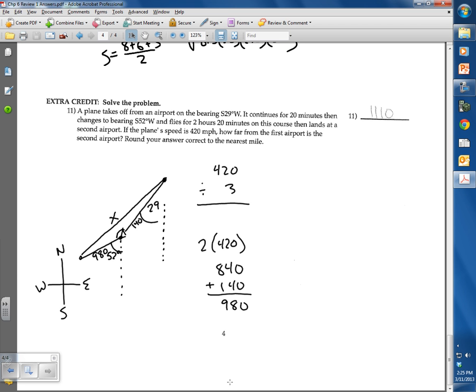Well, let's think about some angles here with our bearings. We're going to start with this angle in here, and I think that's all we're going to need. So if we are flying south at 29 degrees, I'm going to make a 90 degrees in here. That's going to make this angle in here 90 minus 29, which is 61. As we go down, there's 90 degrees, 52 degrees, and so I'm going to blow this up a little bit here.